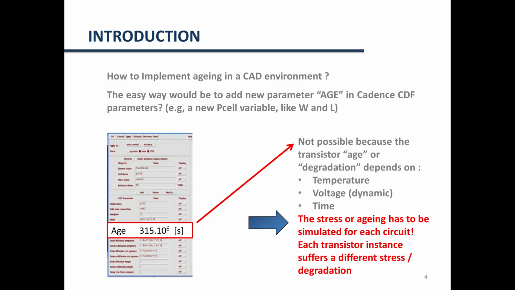That would be nice to have, but the problem is that it's not possible, because the transistor aging or degradation depends on the temperature, on the voltage in a dynamic manner, and also on the time. So the stress or the aging has to be simulated for each circuit, because each transistor instance suffers a different stress and degradation, and it's not possible to determine a priori the aging of a device.